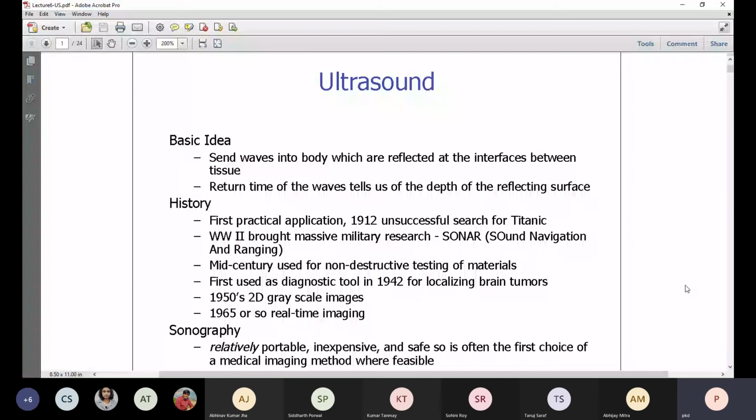In the 1950s, 2D grayscale images were displayed using ultrasound. In 1965, real-time imaging was also displayed. So that means that time, that used to be analog video form, it is to be recorded.